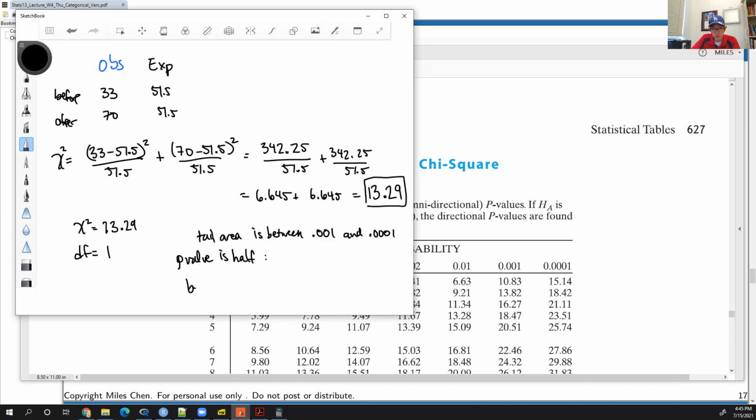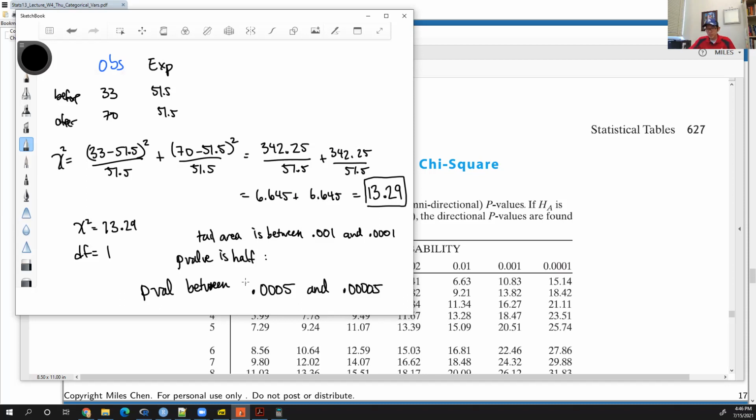Okay, so the p-value is between 0.0005 and 0.00005. Really small values. So 5 10,000ths and 5 100,000ths.